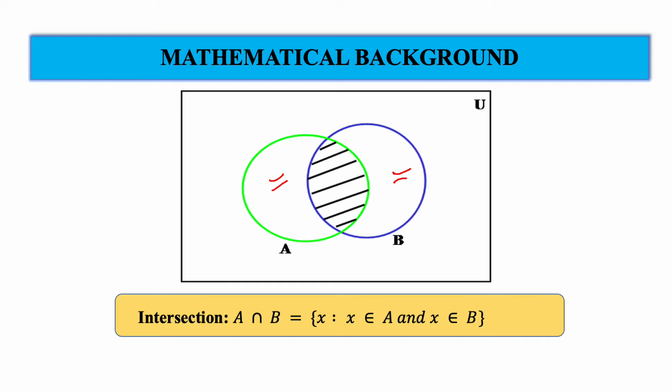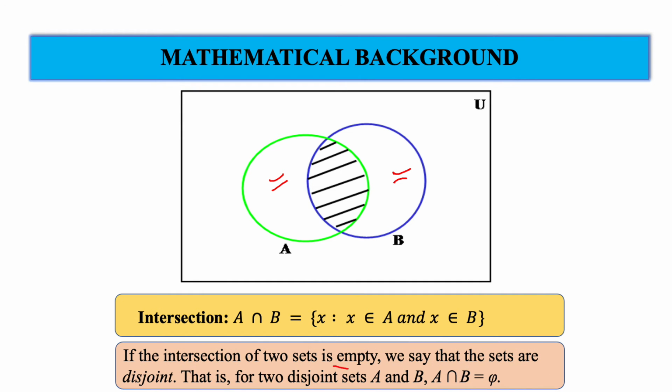Now if the intersection of two sets is empty, we say that the sets are disjoint. So for example, set A is somewhere here and set B is on the other side, and they do not have anything in common.